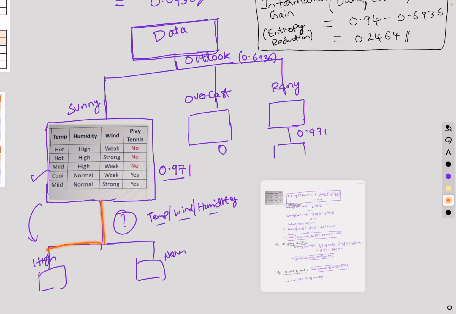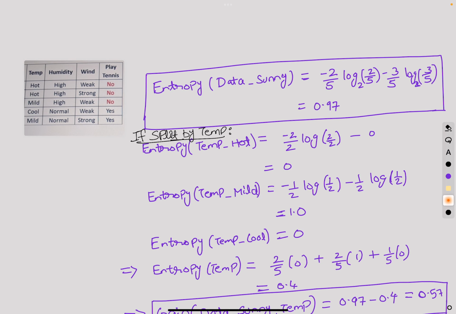After splitting, let's say based on temperature, I might have a subset that belongs to temperature high and a subset that belongs to temperature normal. Now the entropy at each level will be calculated, and then the weighted average of that entropy will be calculated, and you will get a certain entropy level. That entropy and the entropy before will be compared to see how much is the reduction in entropy or uncertainty. That is done using the same process again.